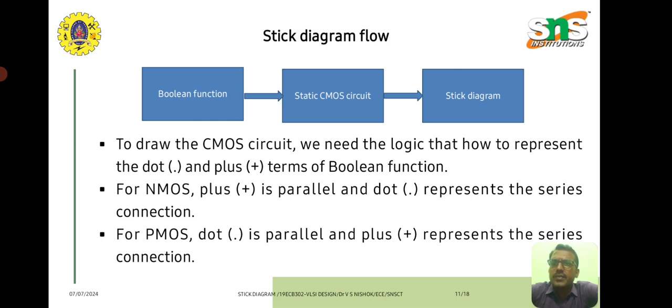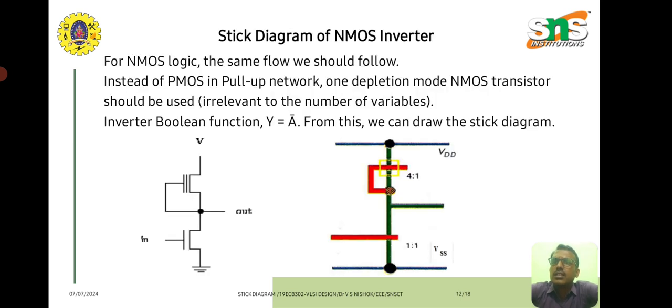In CMOS logic, the PMOS transistor will always be in the pull-up network and the NMOS transistor will always be in the pull-down network. Using these two rules, we go for the design of CMOS circuits.